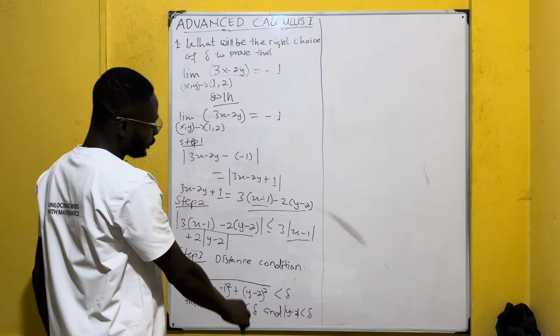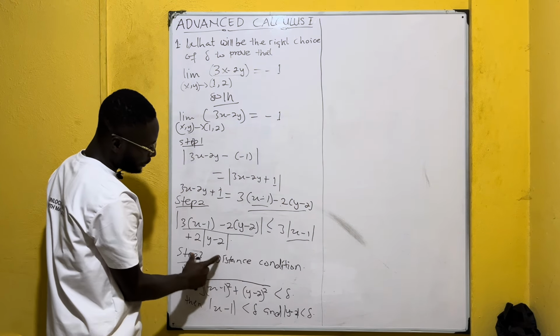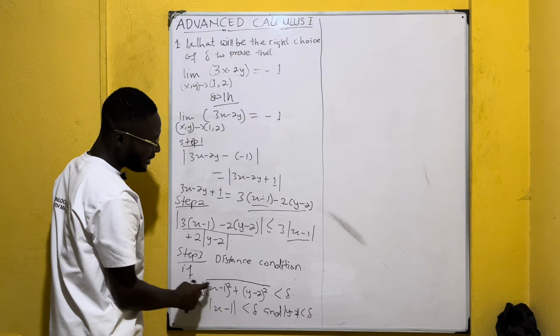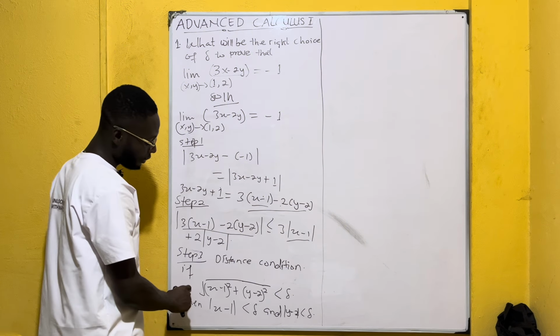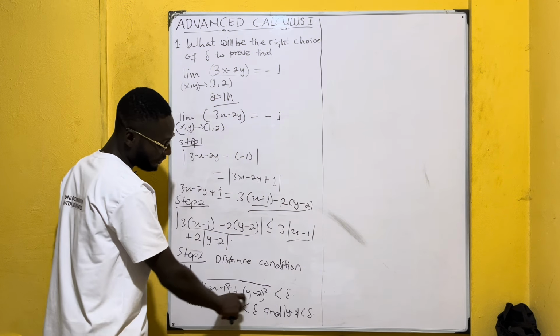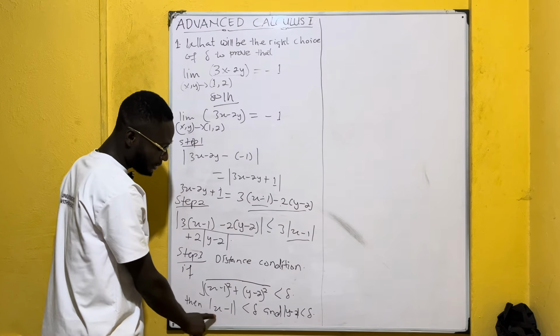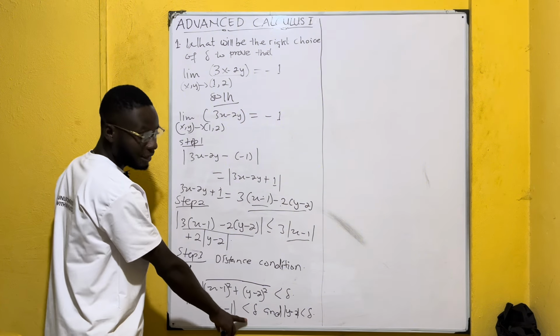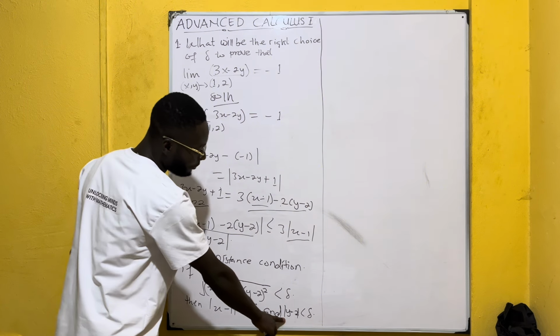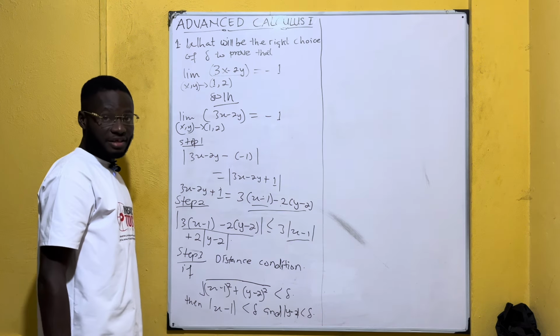Once we have expressed that, we use the distance condition: if you have this, then x minus 1 is less than delta, and also y minus 2 is less than delta.